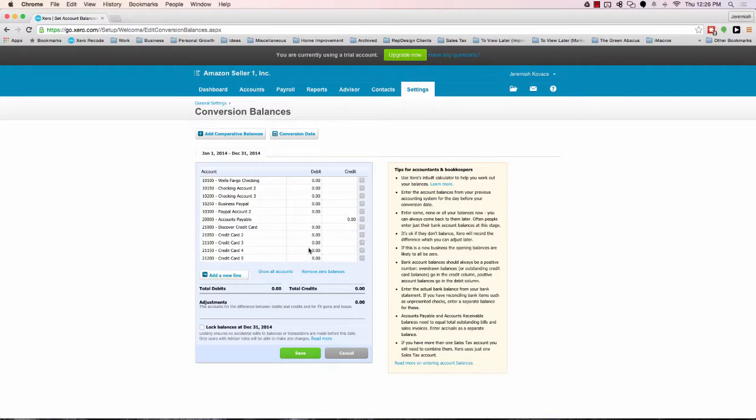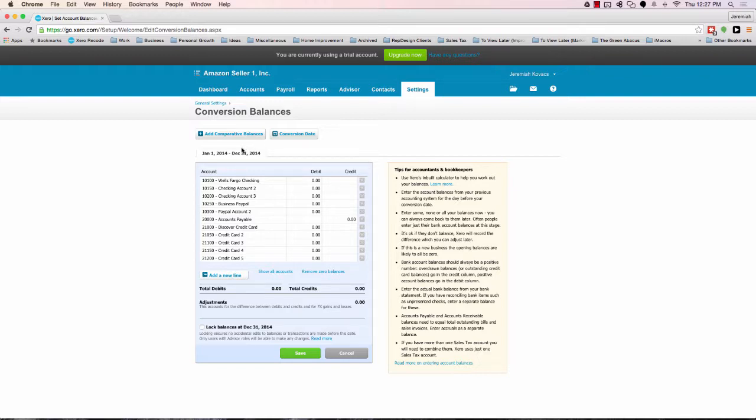Then further along, we're going to be able to import data and get all your account amounts perfectly current. So my general recommendation is start at the beginning of the year and work through that.